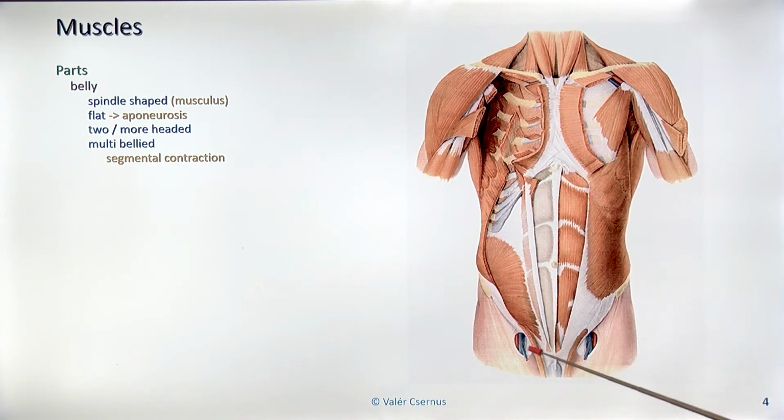If it's necessary, for instance in the abdomen, to protect the sensitive internal organs from stretching, we have interruptions. In this case, various segments of the muscle can be innervated differently and can contract differently. This is very useful whenever we make excess movement, to protect the internal sensitive organs.